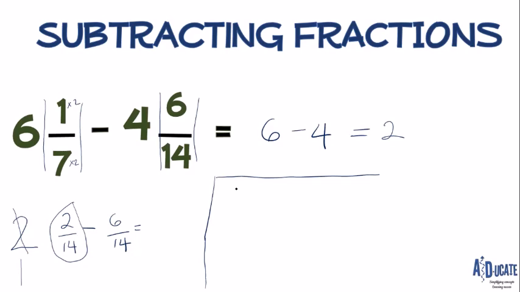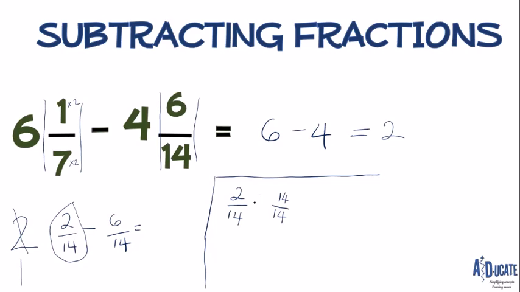Originally, we had 2 over 14, which was not enough to take away 6 out of 14. So we borrowed 1 whole. Remember what we said about 1 whole as a fraction? 1 whole as a fraction is the numerator and the denominator being the same thing. So the 1 whole we borrowed is 14 over 14.